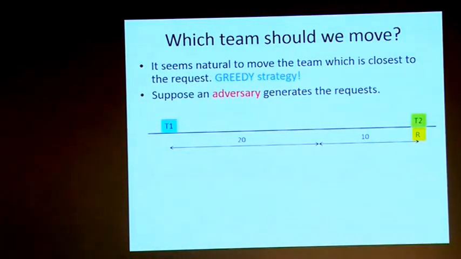It travels some 10 units and services the request. Now a new request arises somewhere in the middle. Again at distance 10 from T2, but distance 20 from T1. So which team will you send? T2. So T2 reaches there, services the request.